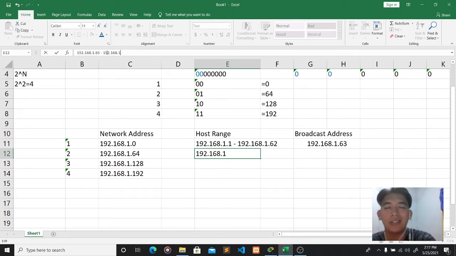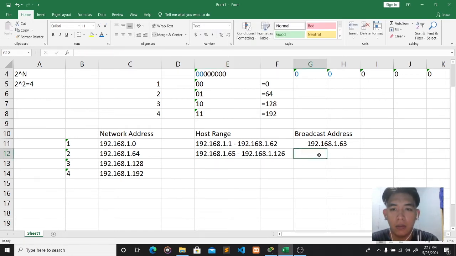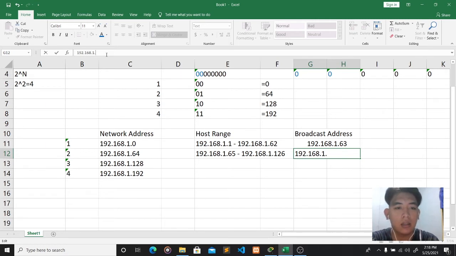So the last host range is up to 126, and the broadcast address is 192.168.1.127.